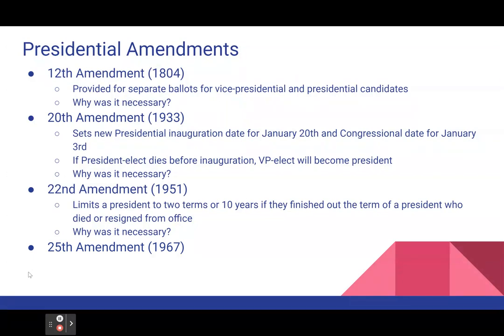Then there's the 25th Amendment, 1967. So the 25th Amendment deals with this issue. If the president dies or resigns, the vice president shall become president. Now, I can kind of guess what you're thinking, and that is, wasn't that already a rule? Wasn't that already assumed?